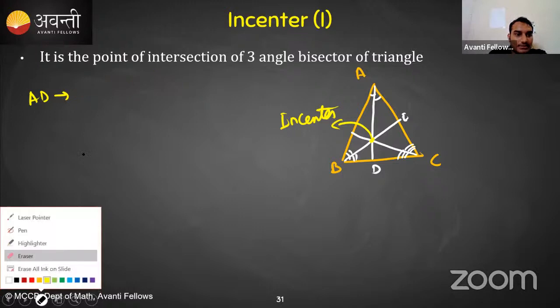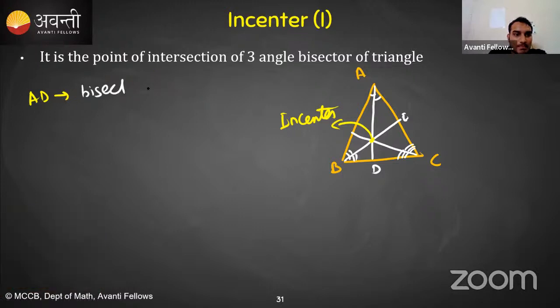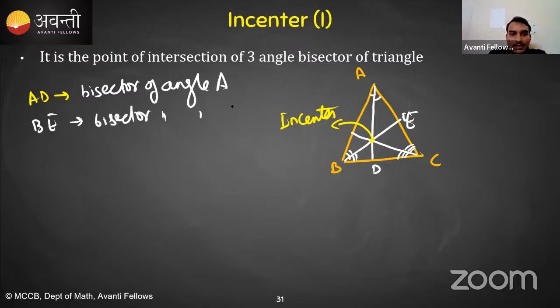AD is the bisector of angle A. What is BE? Let's call this E. BE is the bisector of angle B. What is CF? CF is the bisector of angle C. Clear? Is this clear, everyone?